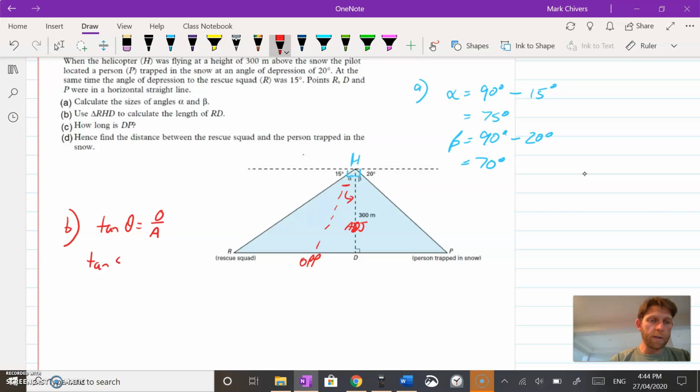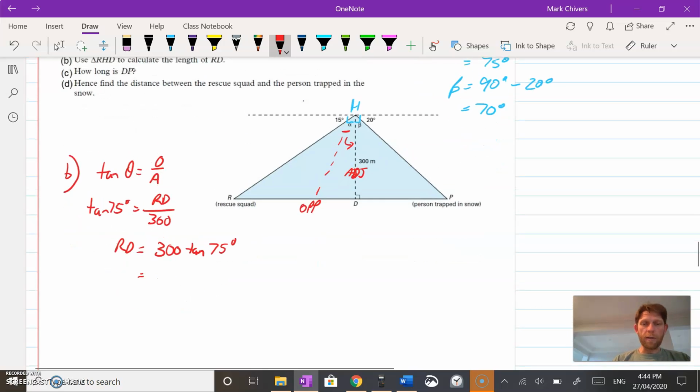So in this case, it's going to be tan of alpha, which is 75 degrees, equals our opposite, which we don't know, so that's RD, over our adjacent of 300. So if I multiply both sides by 300, I'm going to end up with RD equals 300 tan 75 degrees.